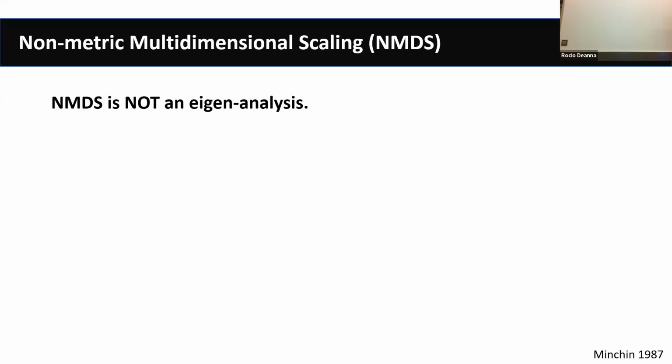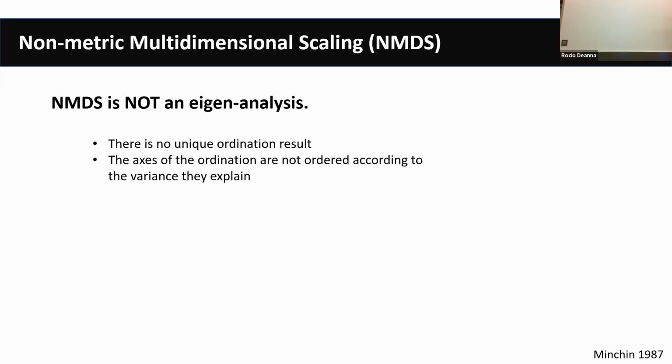Also, a difference with this methodology, the NMDS, is that it is not an eigen analysis. That means that there is no unique ordination result, which means that we need to run it several times to see if the result is stable. The axes of the ordination are not ordered according to the variance they explain, meaning that the first axis doesn't mean that it explains most of the variance.